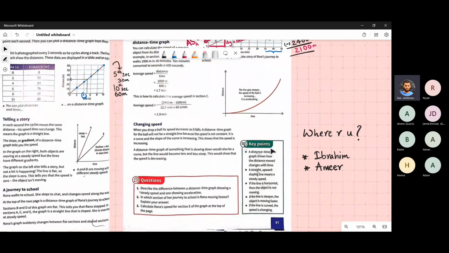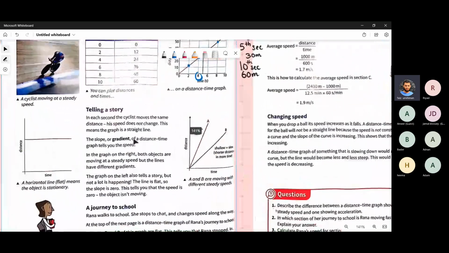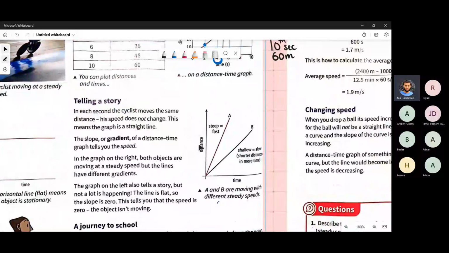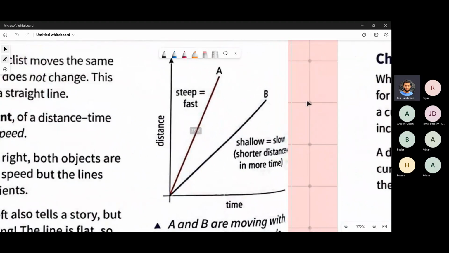So at this page, I told you that if it is a straight line, what does it mean? If the graph is a straight line, what does it mean to you?